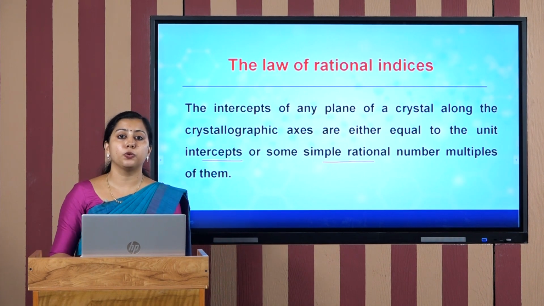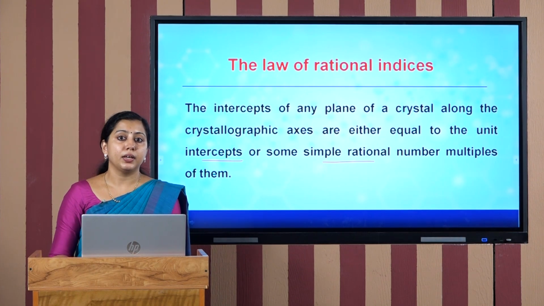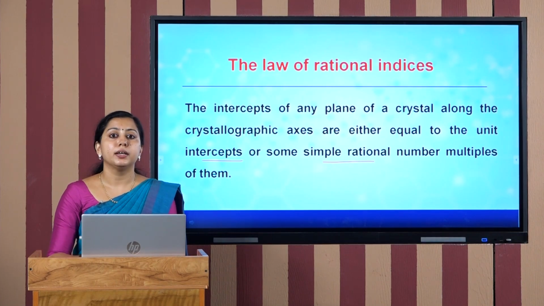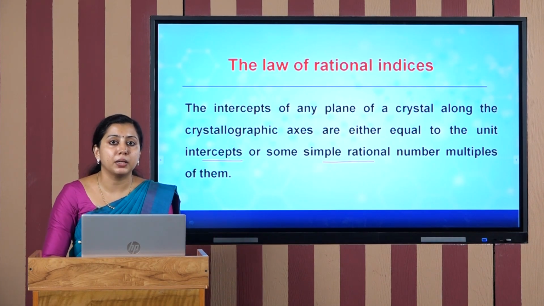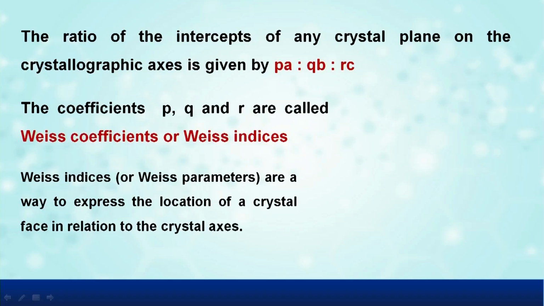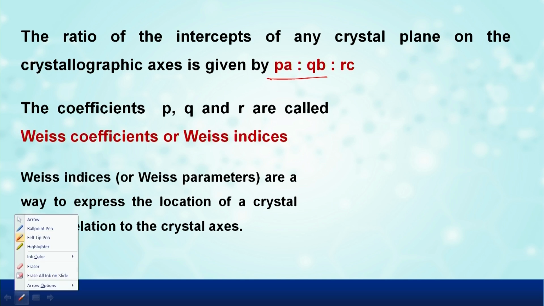Now, according to this law, a plane of a crystal cuts the crystallographic axes at the unit intercepts, or it may be some simple rational number multiples of them. And the ratio of the intercepts of any crystal plane on the crystallographic axes is given by PA is to QB is to RC.